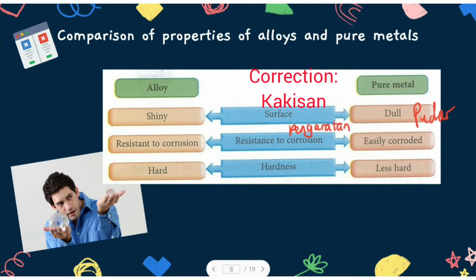So which one is more resistant? Alloy. Pure metal easily corroded. And hardness, dari segi kekerasan, alloy is harder than pure metal.